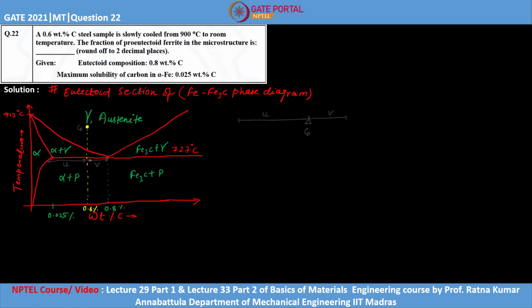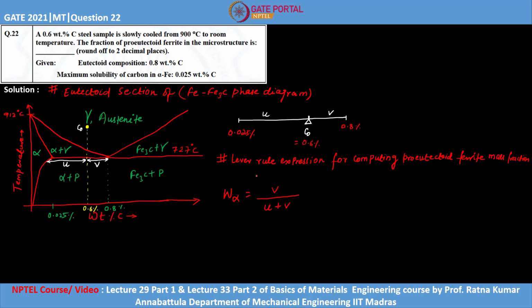So let's draw a lever here with this distance as V and this distance as U. So if you take a lever like this with a C0 composition equal to 0.6 weight% carbon, then the lever rule expression for computing the pro-eutectoid ferrite mass fraction, which is W alpha, will be V upon this total distance, that is U plus V. So V upon this total distance will give you the expression for computing the pro-eutectoid ferrite.